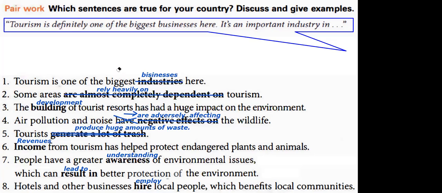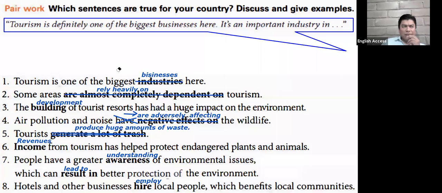So we could have better protection for them. You know, like the trash when the tourists go. Well, when the tourist is here, we have a lot of trash in the beach.